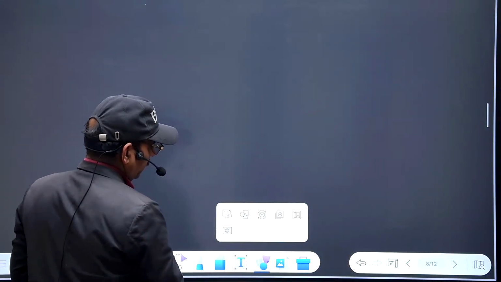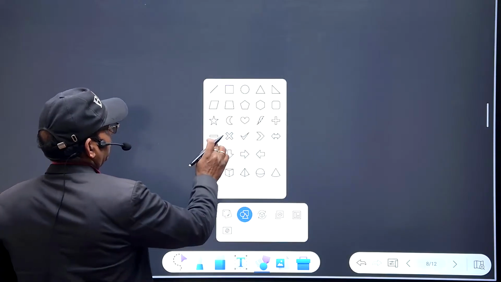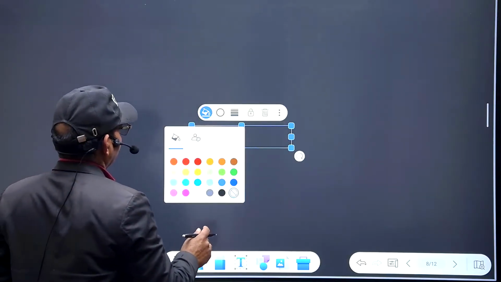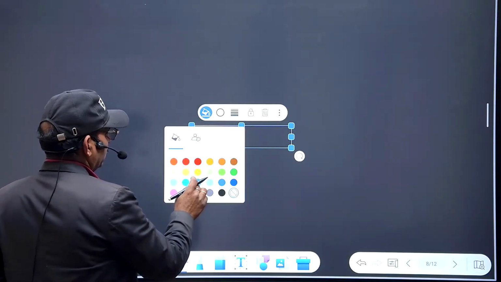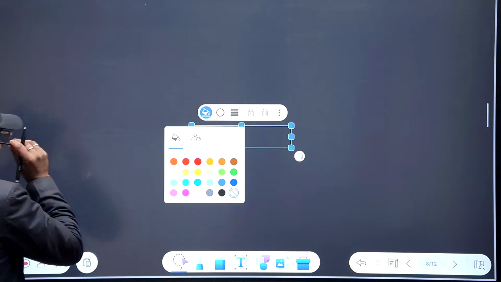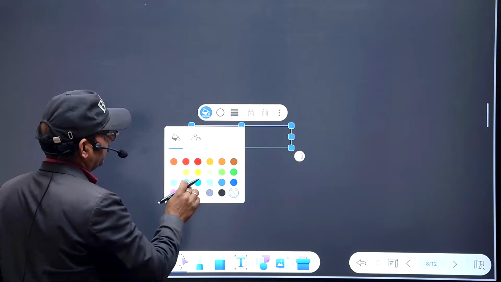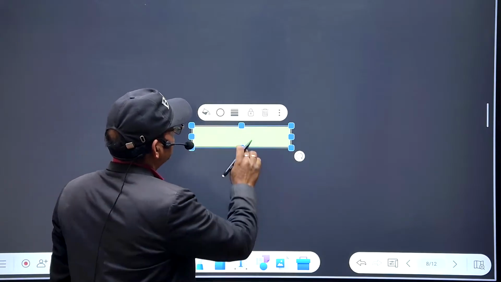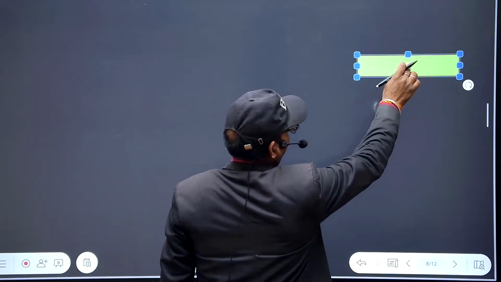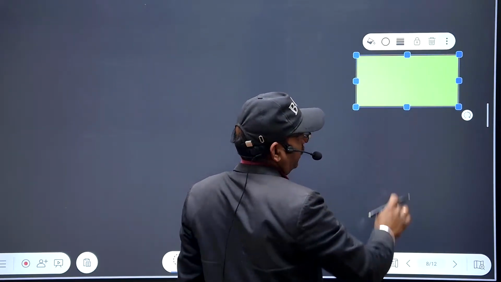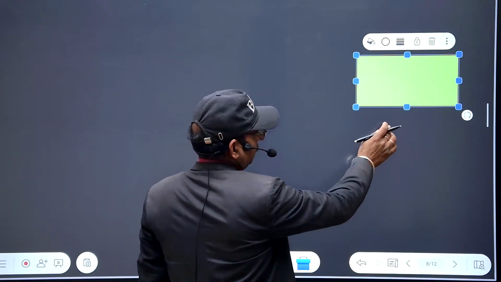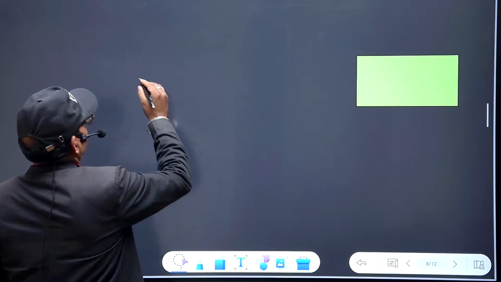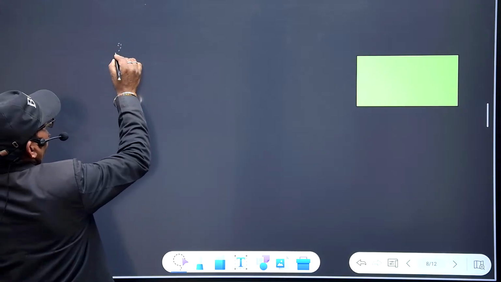Again, this is the rectangle. Here in this diagram, question number 2.